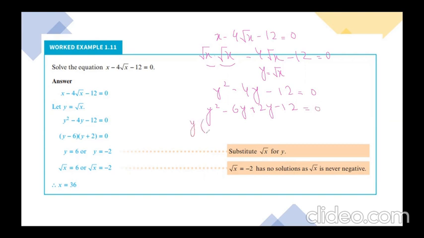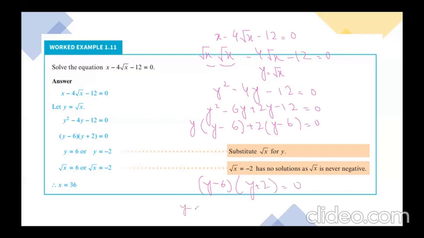So y will be common: y minus 6, plus 2 is the common, then y minus 6 equals 0. So there must be y minus 6 into y plus 2 equals 0.